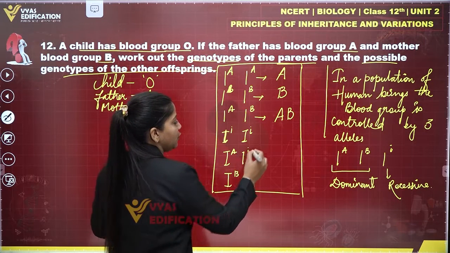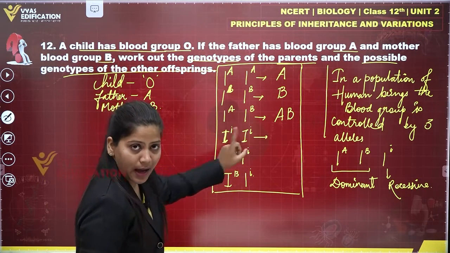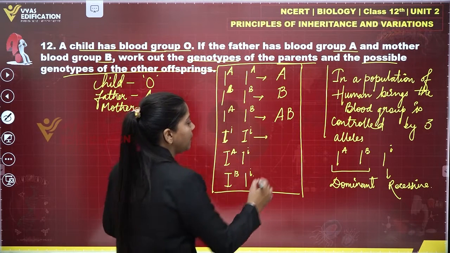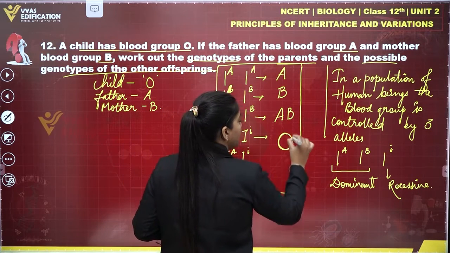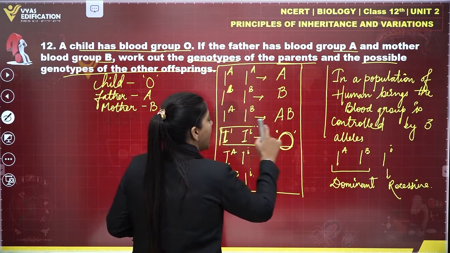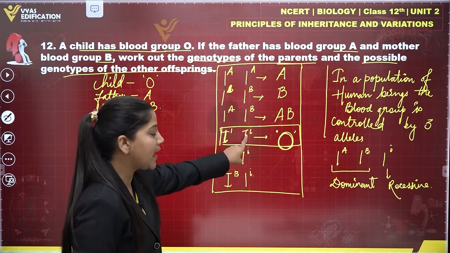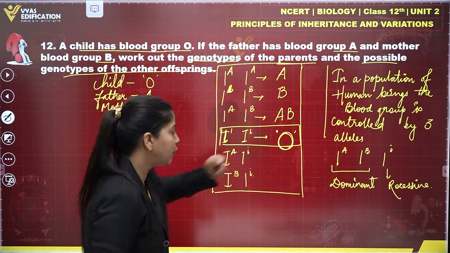If an individual has the i i alleles, then the blood group will be O, because this is the recessive condition, and in the recessive condition the i allele is going to make O blood group.